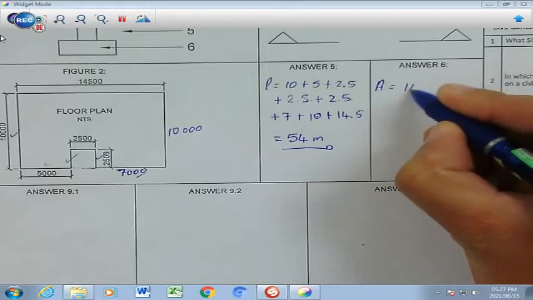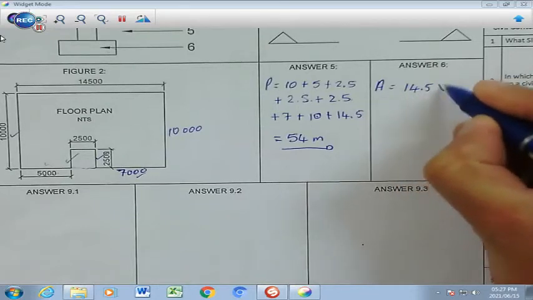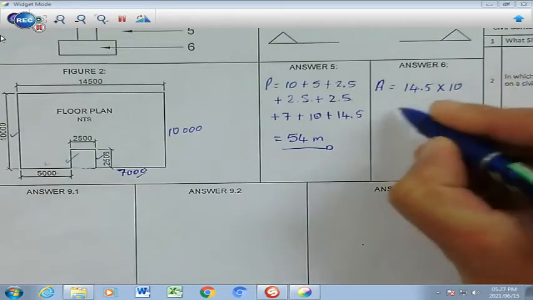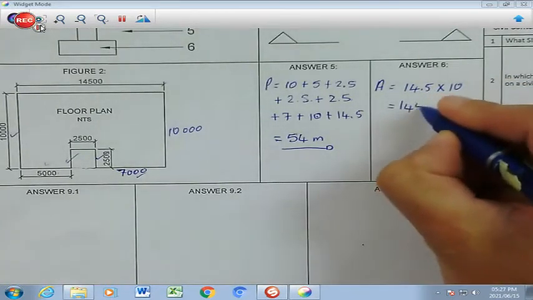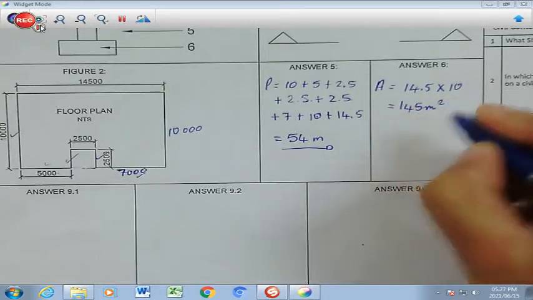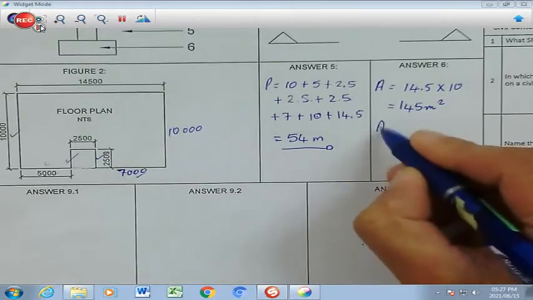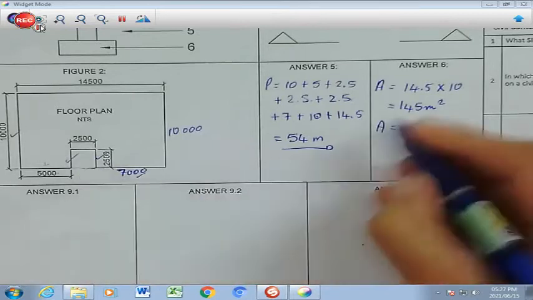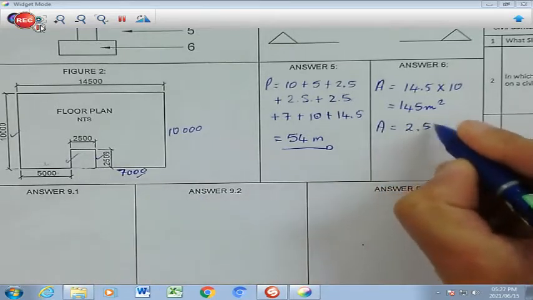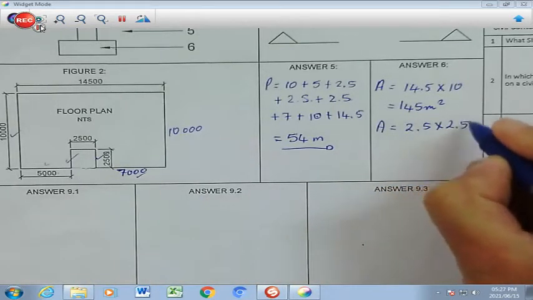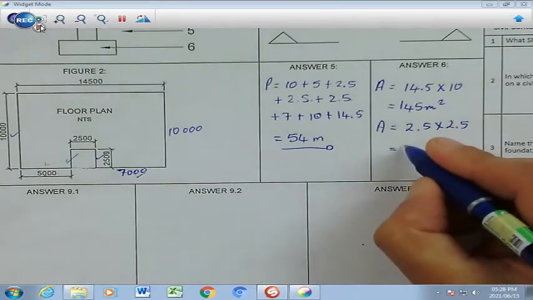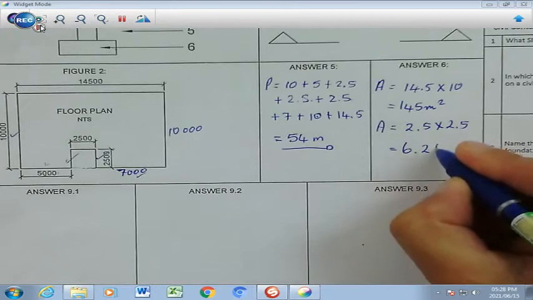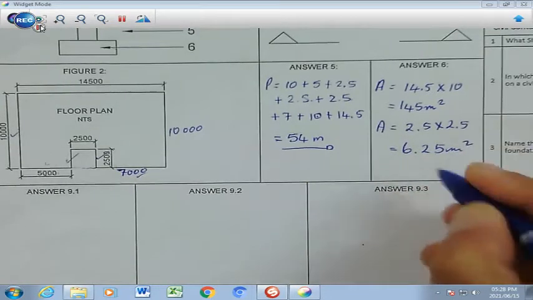14.5 meters times 10 meters, and that's going to give you an answer of 145 meters square. And then we're going to have the area of the small one, which is going to be 2.5 meters times 2.5 meters, which is basically a square, and that's going to give you 6.25 meters square.